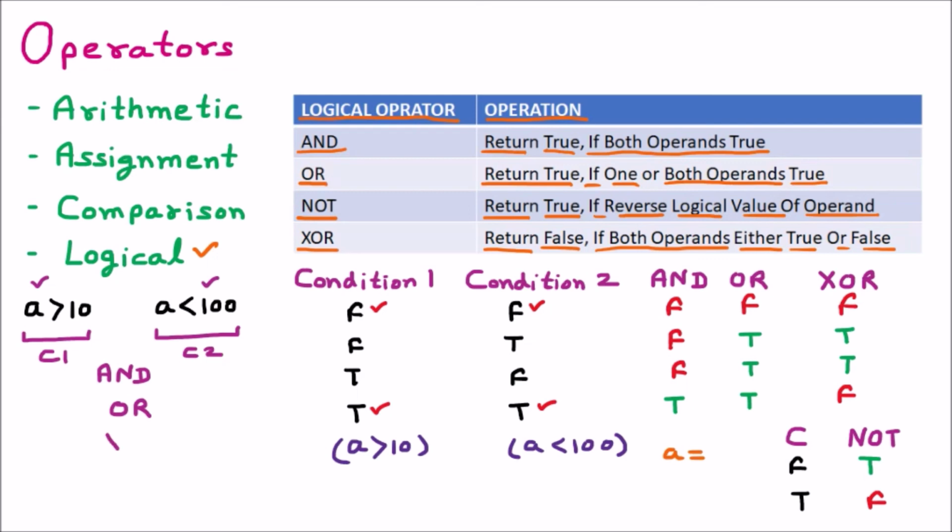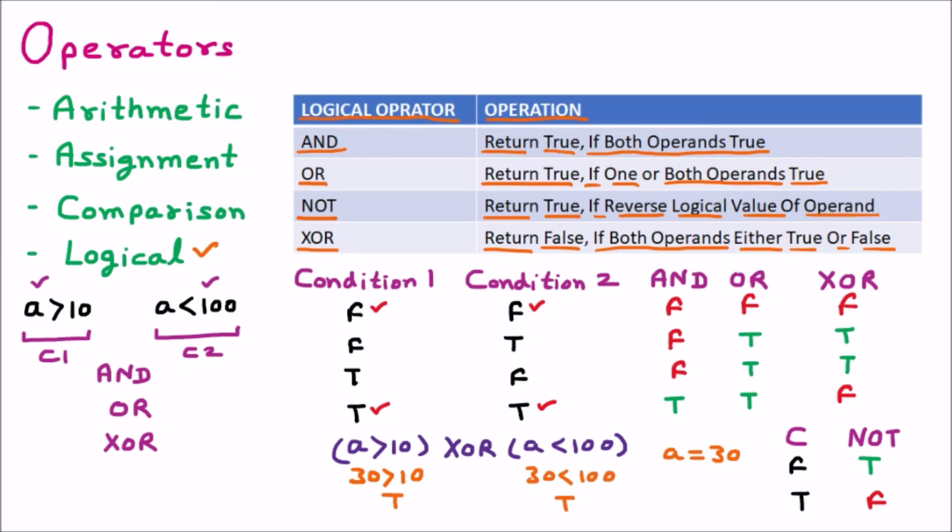So we can apply the XOR operator between two conditions. If I write XOR in between these two conditions, and assume that the value of A is 30, now 30 is greater than 10, we know that this is true, and 30 is less than 100, that is also true.